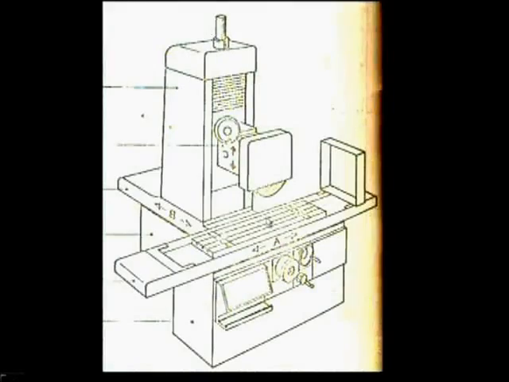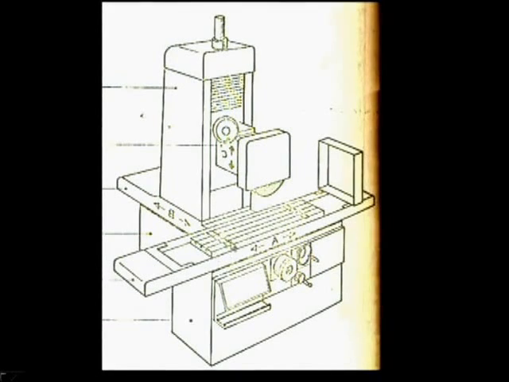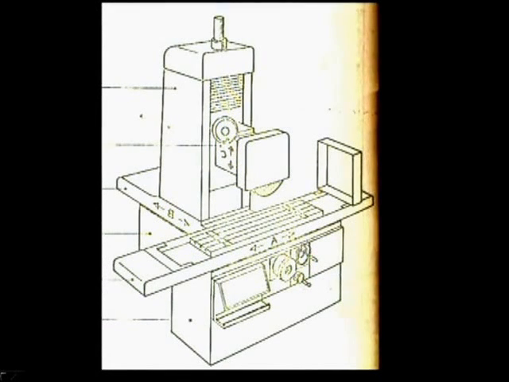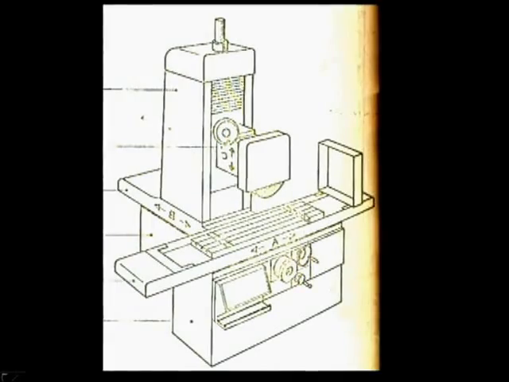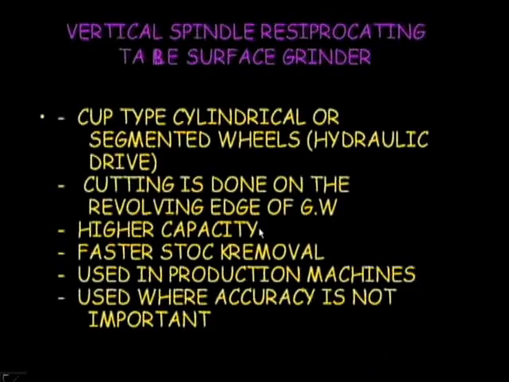If you see another figure, here this is the bed and this is the table, and here there are the slides, and the table is magnetized, and this is the grinding wheel, this is the spindle, and this is the wheel head.